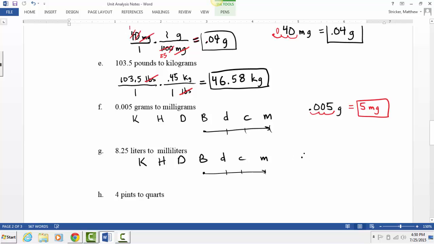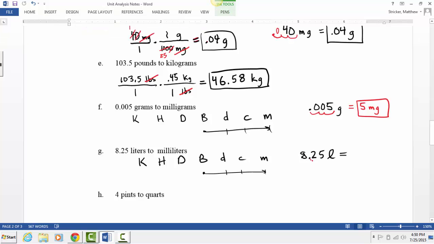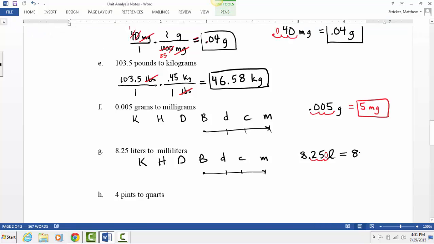So I have 8.25 liters. If I go 3 places to the right, 1, 2, 3, I actually have to add a 0 in there. And so my answer would be 8,250 milliliters.